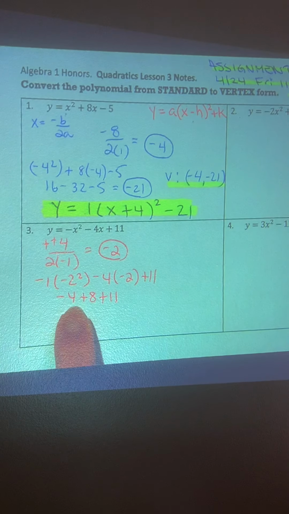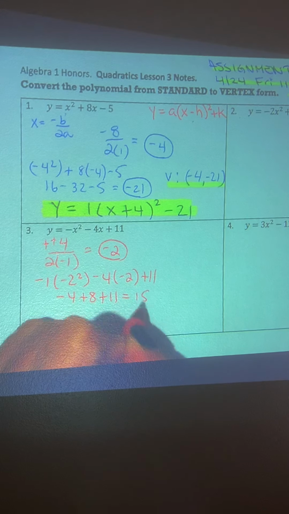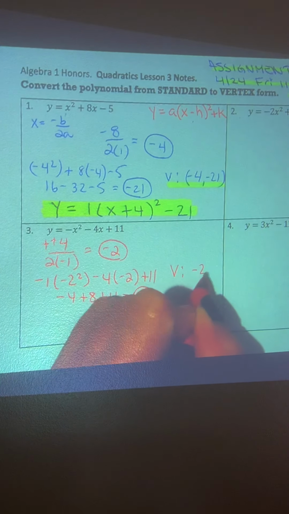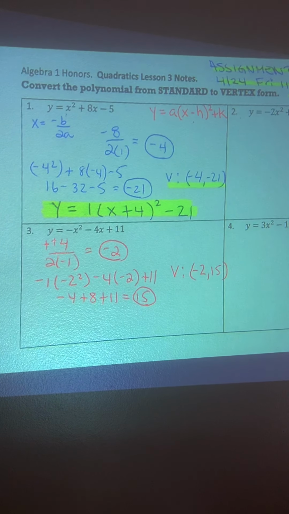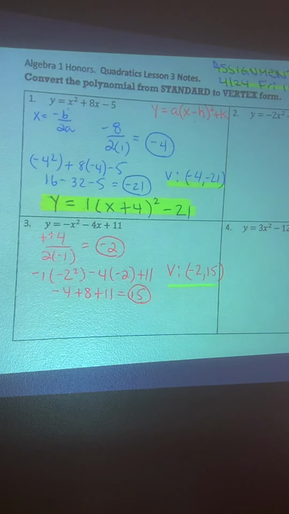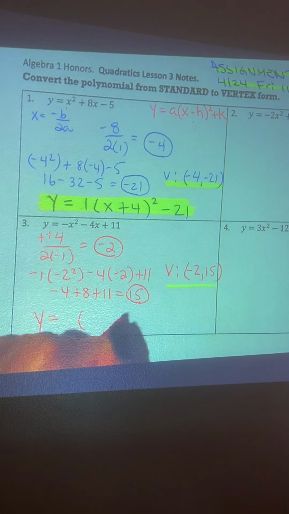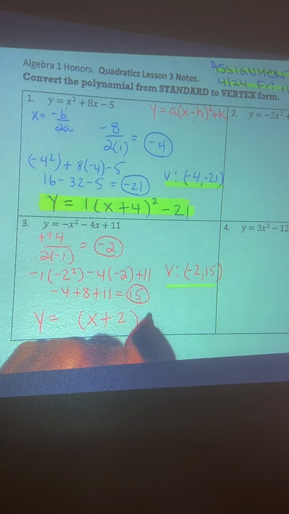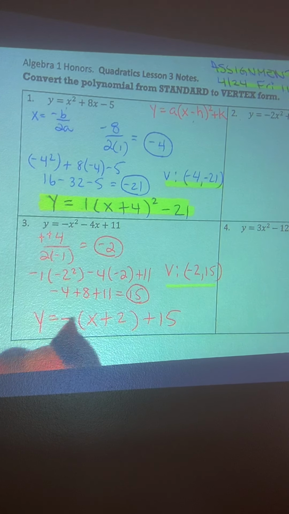Again, my opposite and doubled, which gives me 4 plus 11 is 15. My vertex is (negative 2, 15). Again, I always want to write the vertex, and then we're going to plug it in. So, y equals a, which we'll get back to in a second, (x minus 2), so plus 2, squared, plus 15. What's my a? There's my a, negative 1. Done.